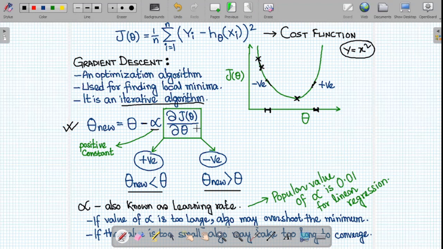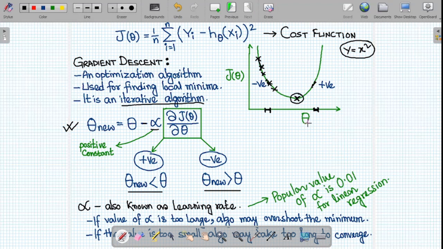As long as your derivative is giving a negative result, or in other words, j theta has negative slope, theta will always increase. That means slowly you are coming towards the actual point where we want to reach, which is nothing but the minima of this function.